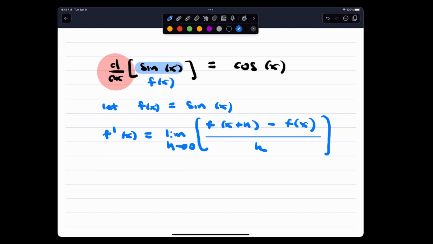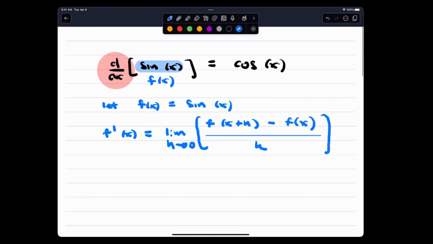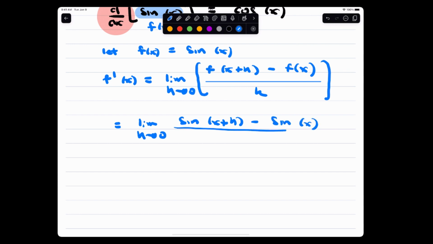So that's your definition. We had a lot of work with definitions, and that was the reason. So we have sine of x plus h minus sine of x over what? H.